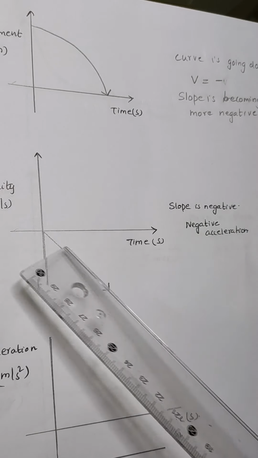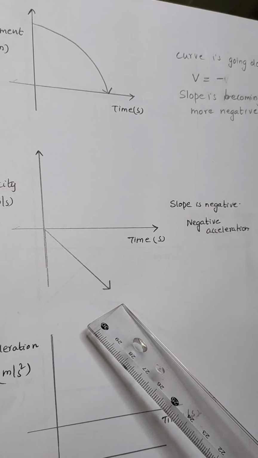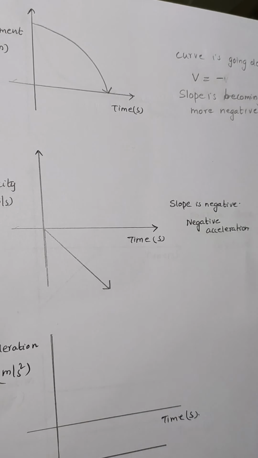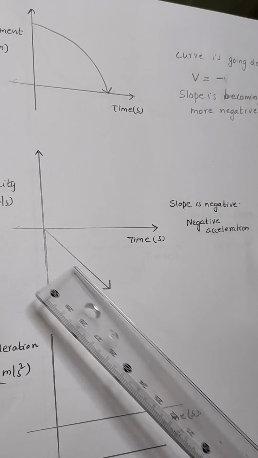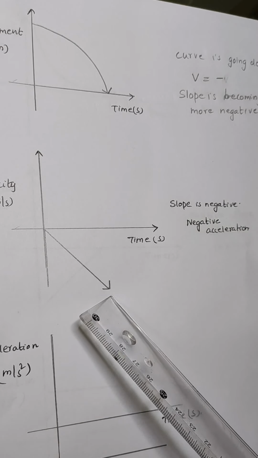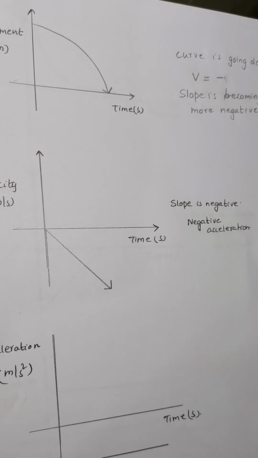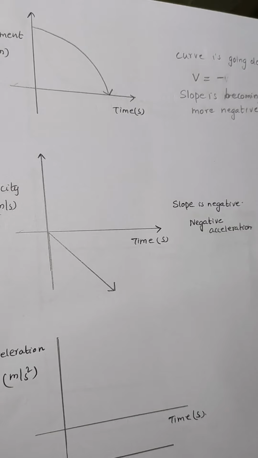Now, since the slope of the velocity time graph is negative, we have negative acceleration, but the velocity is changing at a uniform rate, so again the acceleration is uniform. It is constant.